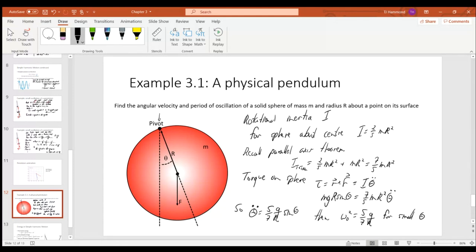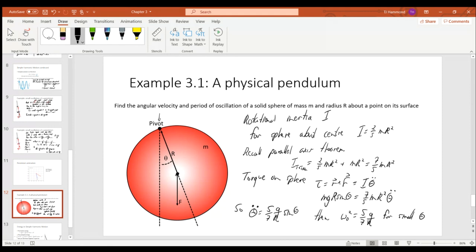The distance from the center of the sphere to this pivot is r, the radius of the sphere. The total mass of the sphere is m, and it has a rotational inertia I. For a sphere about its center, that is 2/5 mr squared.